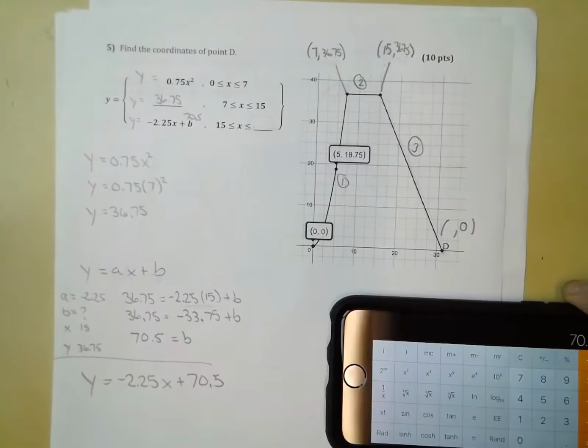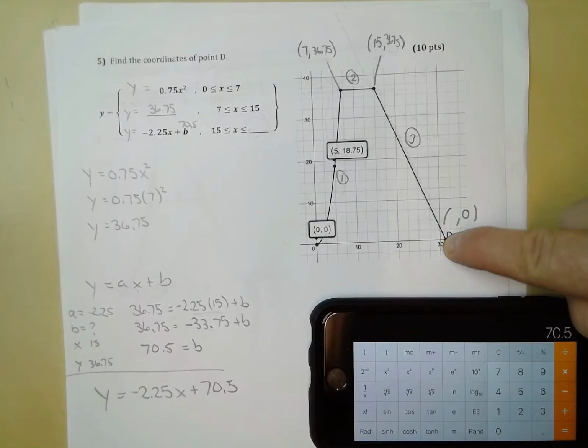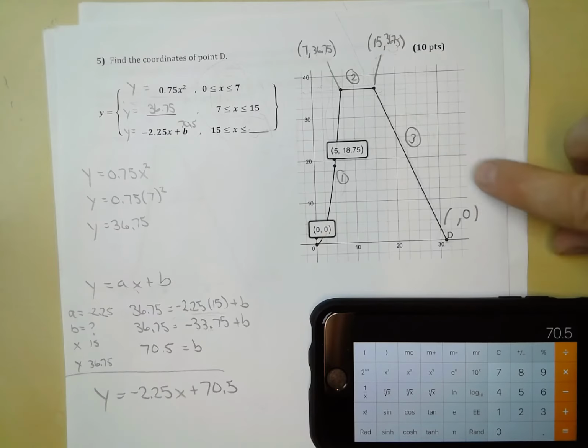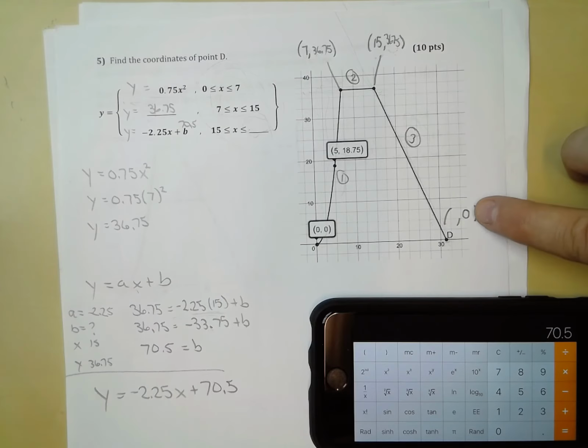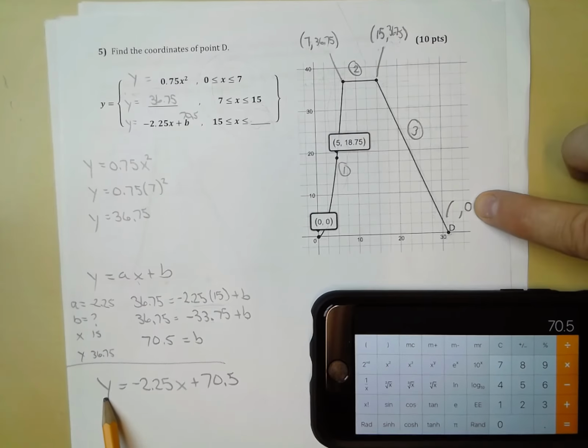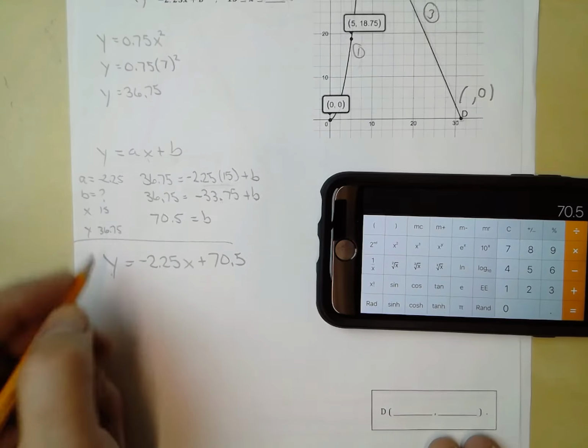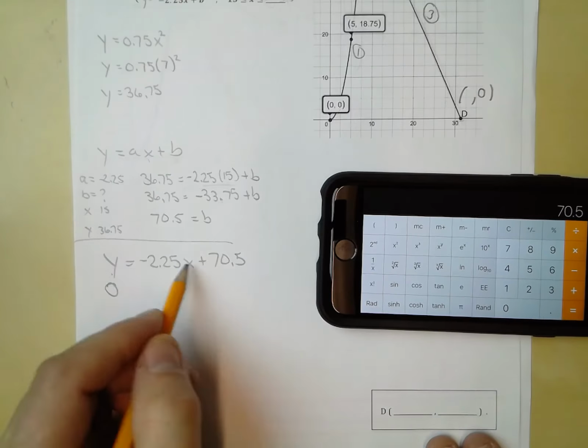Any point along the x-axis, the y is always equal to 0. You can see it over here on that point as a reminder, but you need to remember it over here. And the reason you need to remember it is because you need to be able to substitute it into the equation over here, or else you won't be able to solve it. So if I put the 0 there, you can now solve for this x.